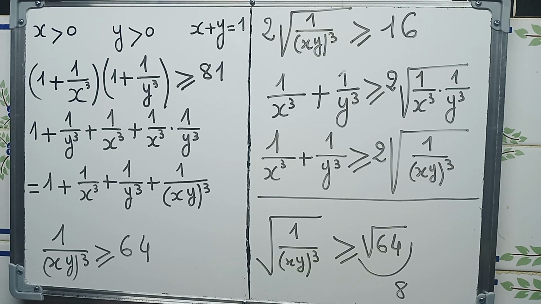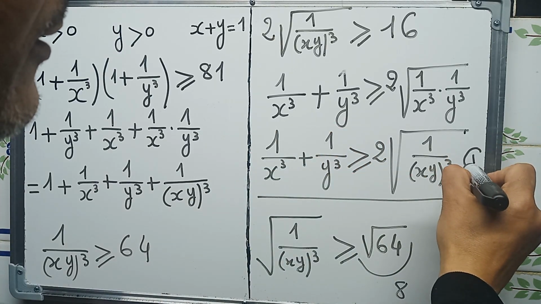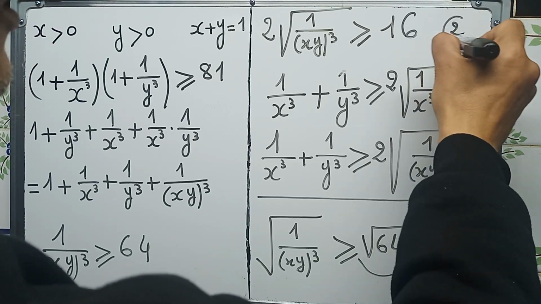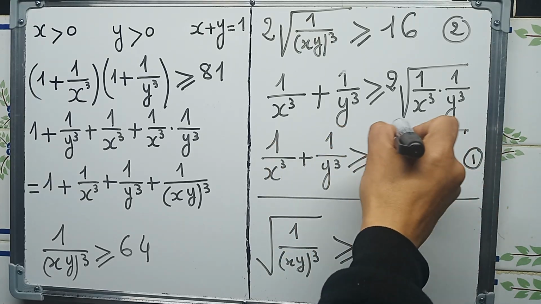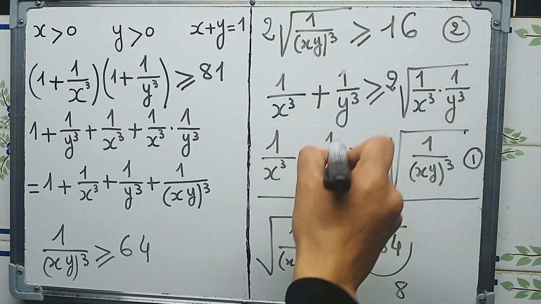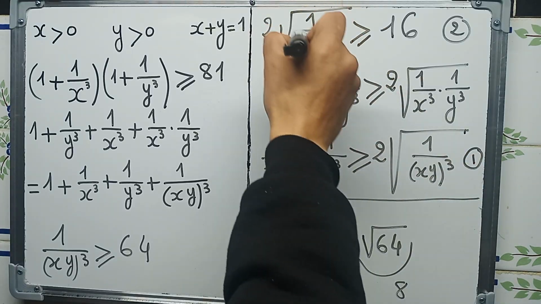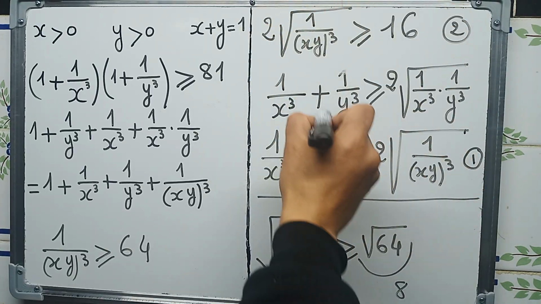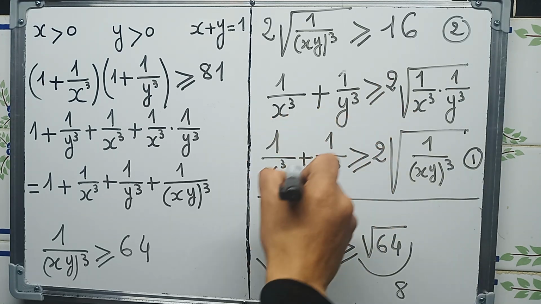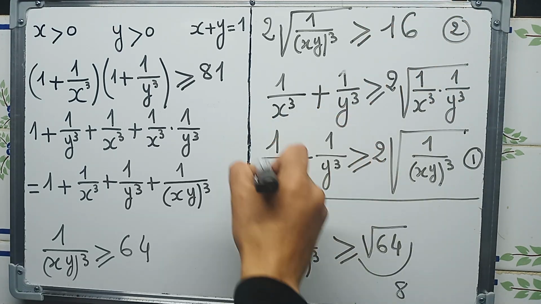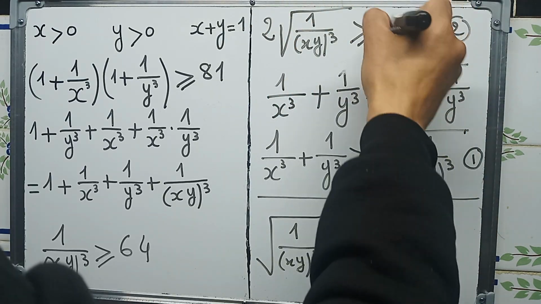And now, here we have the first inequality, and here we have the second inequality. If we call this number A, this number B, and this number C, we have A greater than or equal to B, and B greater than or equal to C. You see, from 1 and 2, this number is greater than or equal to this number, because this number is greater than or equal to this one, and this one is greater than or equal to this one.